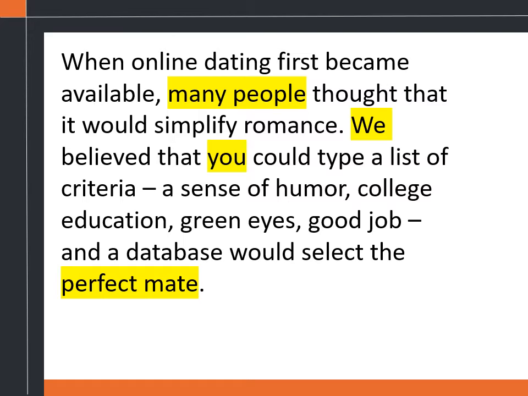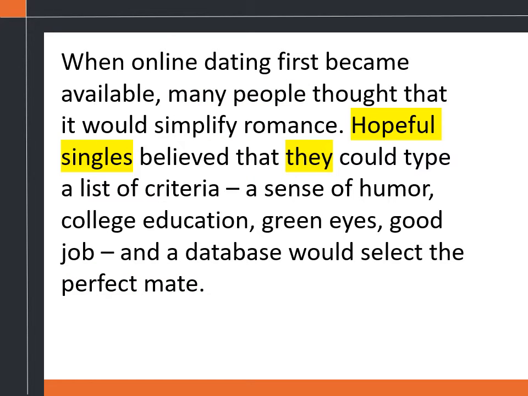And so to revise this sentence, we'd have to revise these pronouns so that everything is in the same point of view. One way we might accomplish this is to change all instances of the first and second person to the third. So we replace that we and that you with third person pronouns like hopeful singles and they.